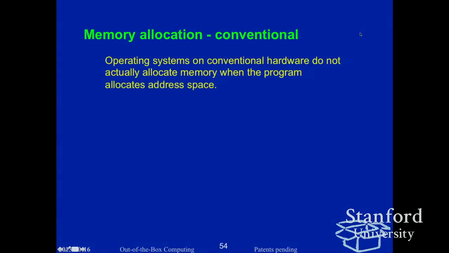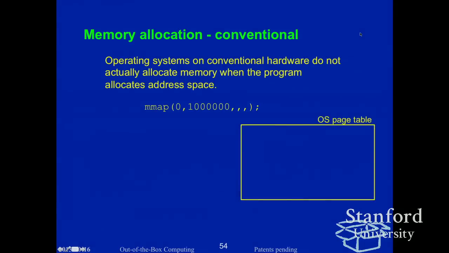Now, when we allocate memory on a conventional machine, an allocation like a mmap, which is, if you speak Unix, when we allocate a megabyte, it does not actually allocate physical memory. What it does is it allocates address space. But it has to record the fact that it's allocated this, and the way it records that fact is it maintains a page table private to the operating system.